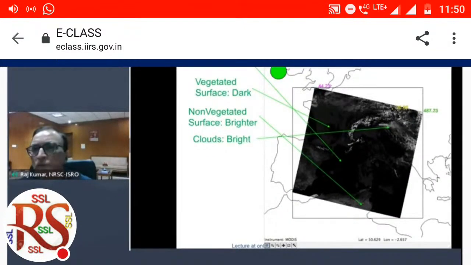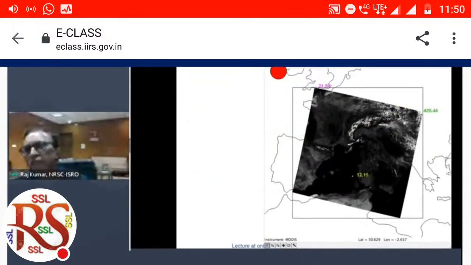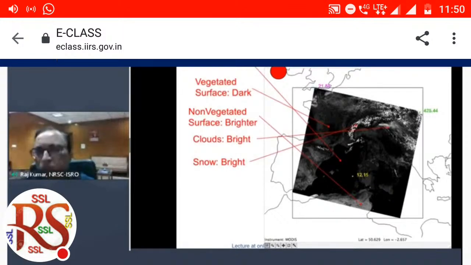Then in the red band, you will see the same target in a different way. So that is the purpose of showing this, an example of only 3 bands. One particular image or phenomenon, if you see it from different bands or channels, you can classify those things. That is the purpose.